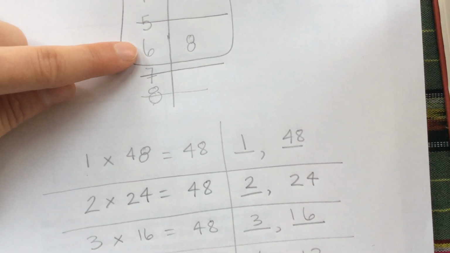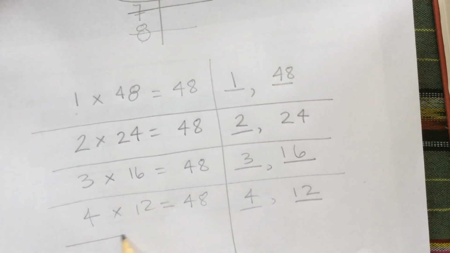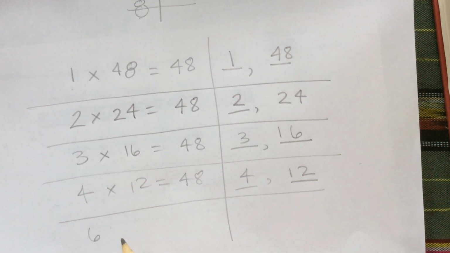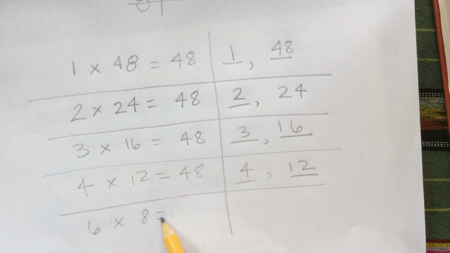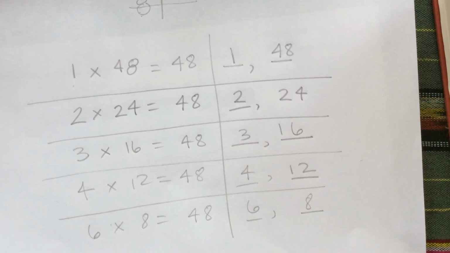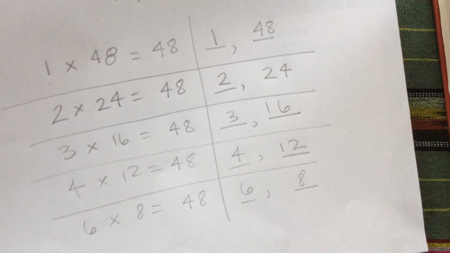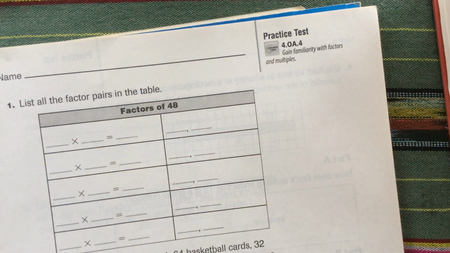And the last is 6 and 8. So let's write that down. 6 times 8 equals 48, and then we've got 6 and we've got 8. So this is the way they've asked us to write this down. Now we are going to do one more question today, and it is going to take some time.